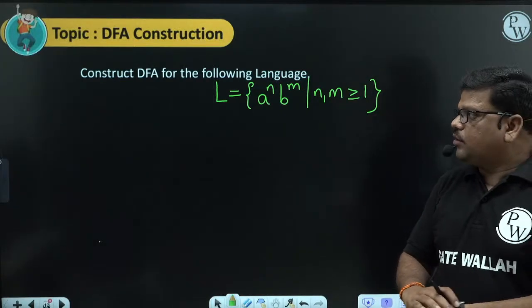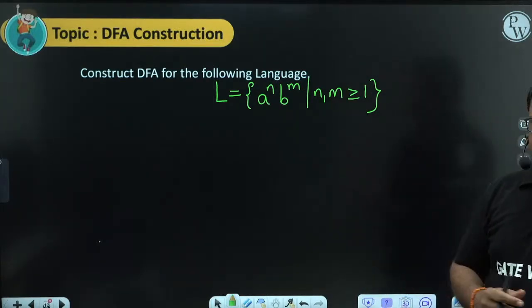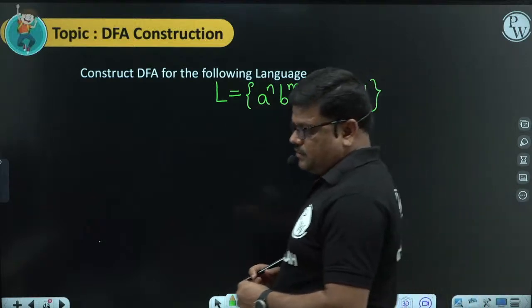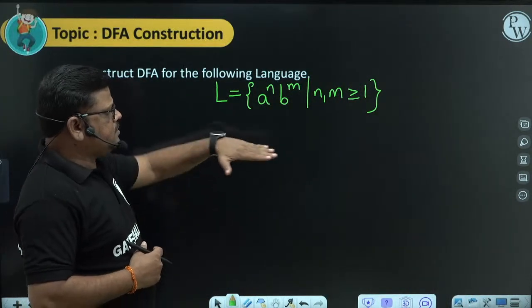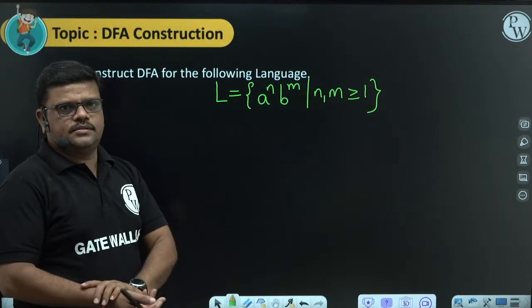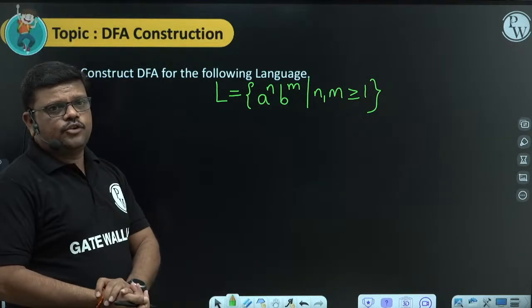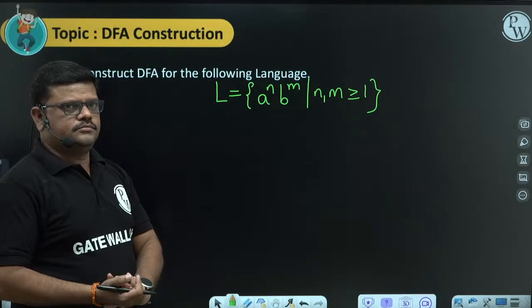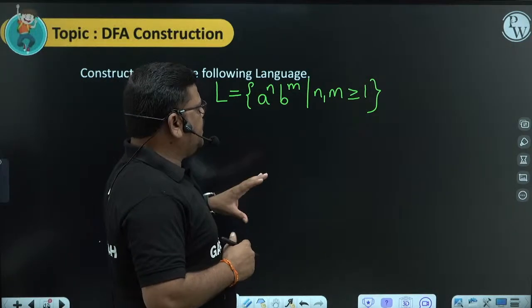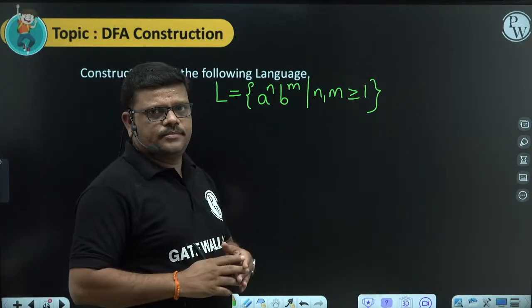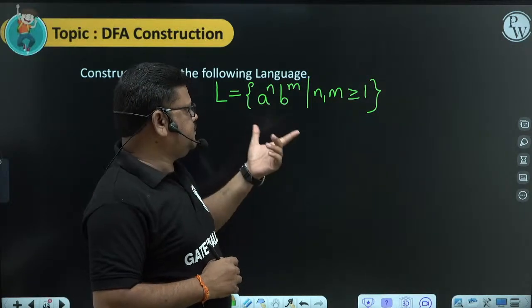Is it possible or not? Just now we analyzed that DFA is possible for this. We can construct it clearly. If DFA is possible, how to construct it? Before starting, let us generate some strings and try to understand the nature of the strings.